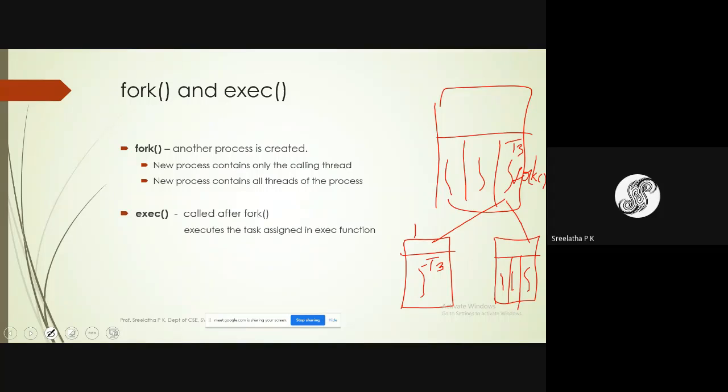It is not the same as where a single threaded program calls the fork system call, and it cannot be handled the same way. It can be handled in two ways: a copy of the single thread or a copy of the multiple threads. This can be the new child, or this can be the new child. And this issue must be decided when the operating system is designed.